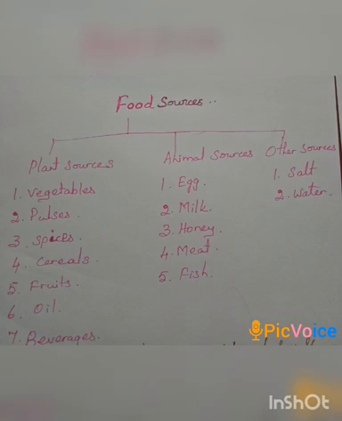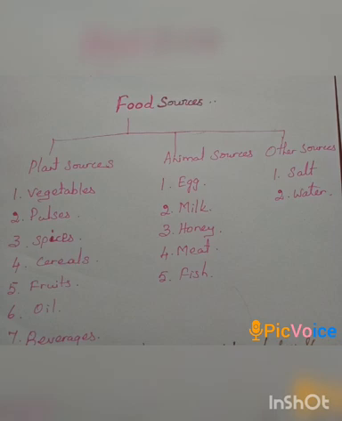Plant sources: vegetables, pulses, spices, cereals, fruits, oils, beverages and sugar. The first one, vegetables. Parts of plants such as root, stem, leaves and flowers are eaten as food. Turnip, carrot and radish are roots.